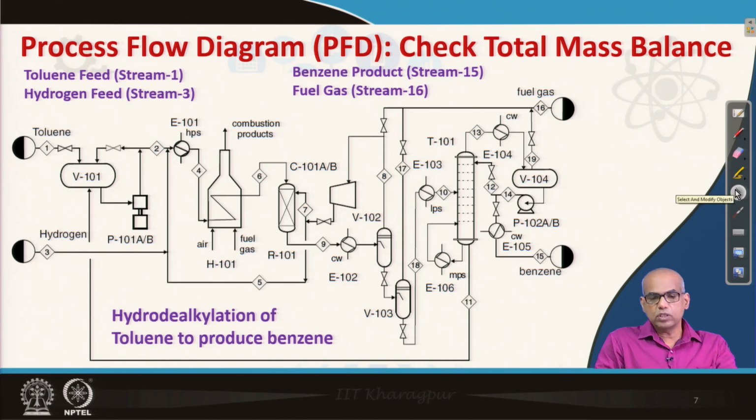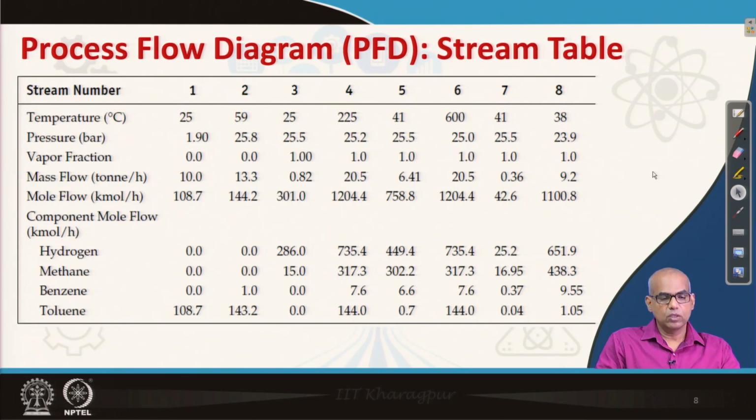Now, we want to see whether the total balance is maintained or not. We know that a stream table will be there, which will give me the detailed information about each stream. So, here it is. Stream numbers are given.